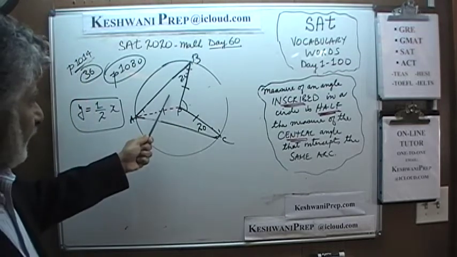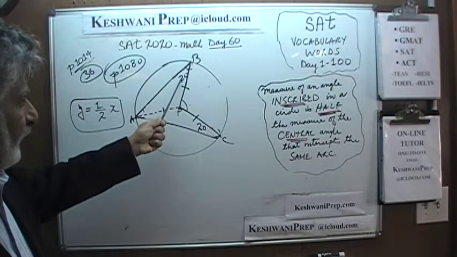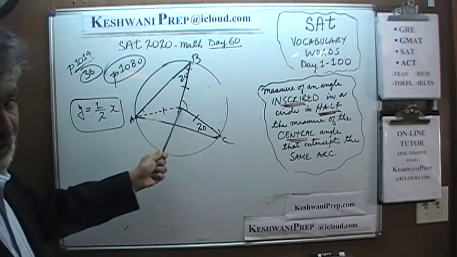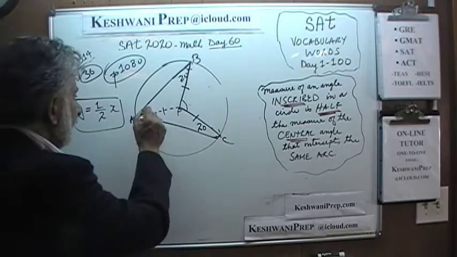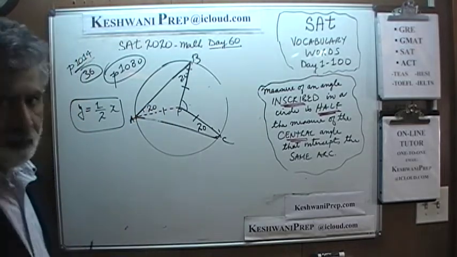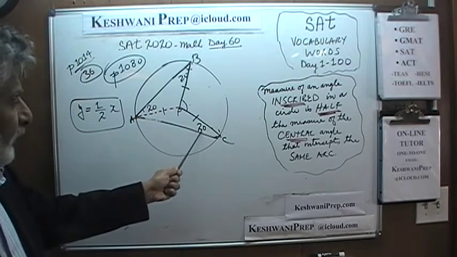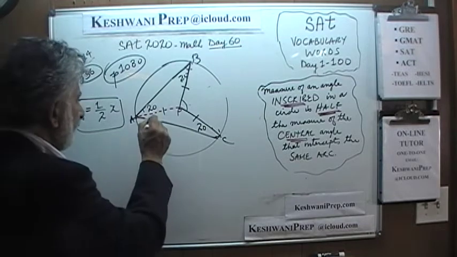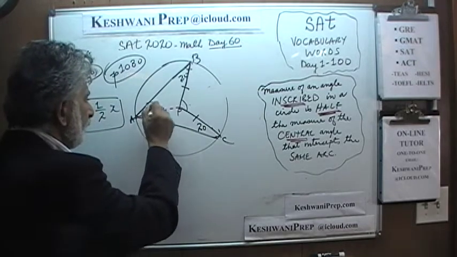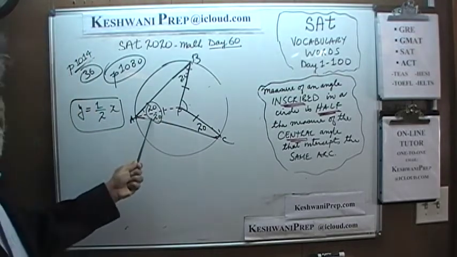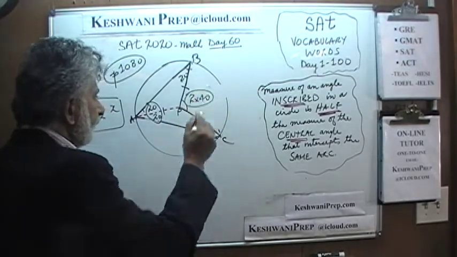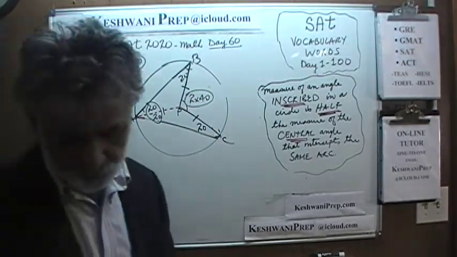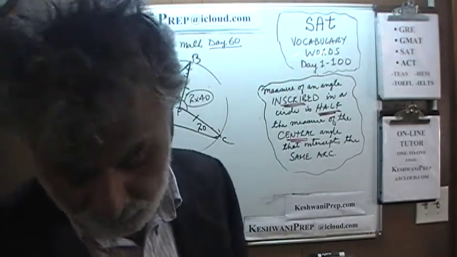Which means if this angle is 20, because ABP is an isosceles triangle, because this side is equal to this side, this angle must also be 20. Similarly, if this angle is 20, this angle must also be 20. And there we go, we're done. If this angle is 40, this angle would have to be 2 times 40. And that's how it is done in the book. It's quite elegant actually.